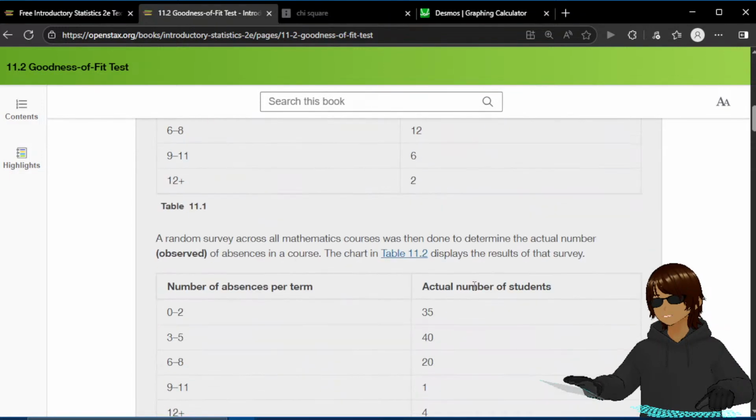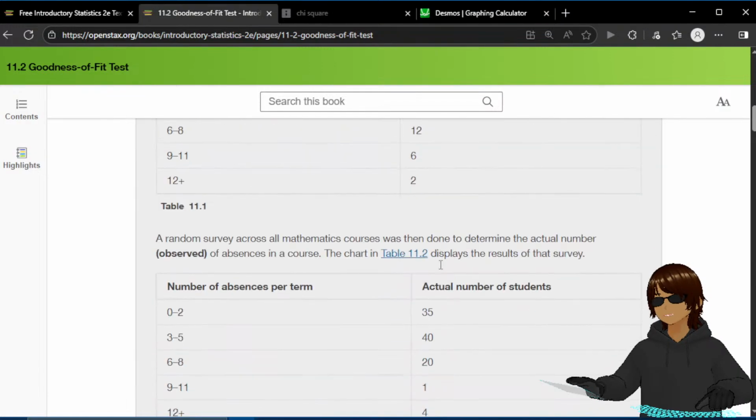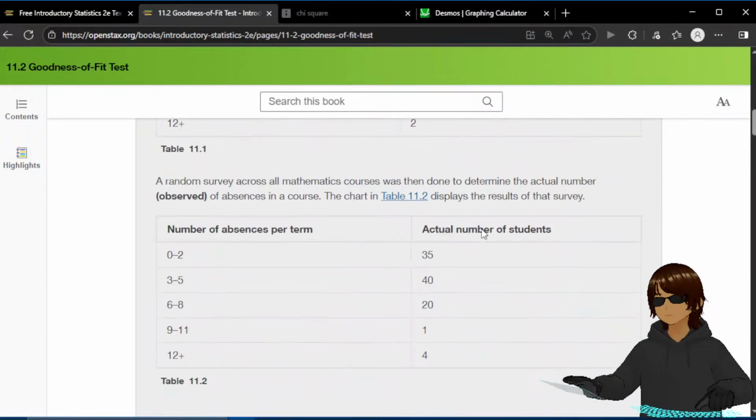So here are the expected and the actual number of students per number of absences. Faculty expected that a group of 100 students would miss class according to this table. This is the expectation, and this is the actual number.